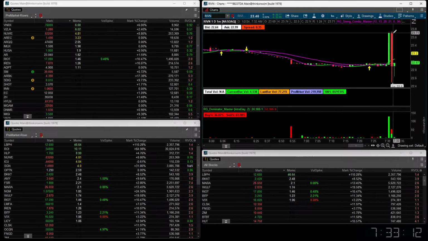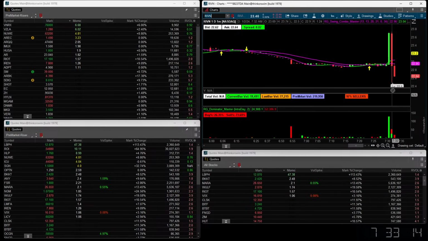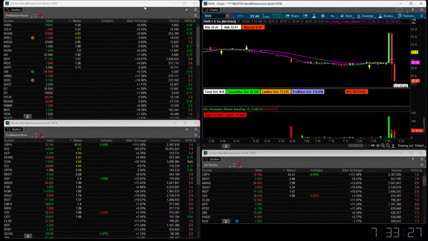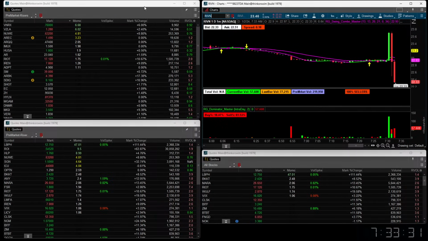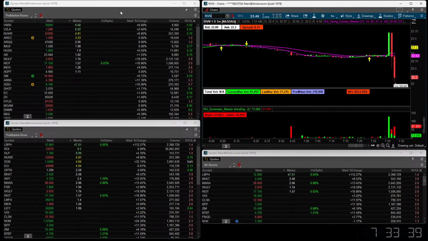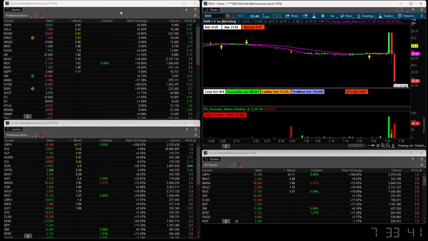This is not guaranteed. We did not get a pullback. We got a pump and dump. So if you're still chasing green candles, this is why you're negative in your account. Took me many years to give that up. I did it myself.